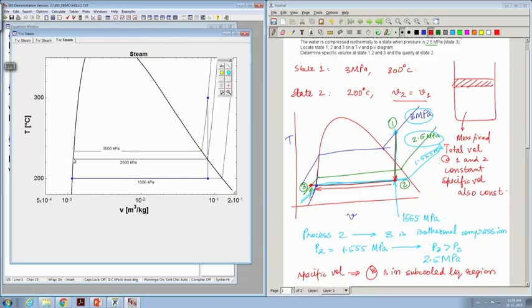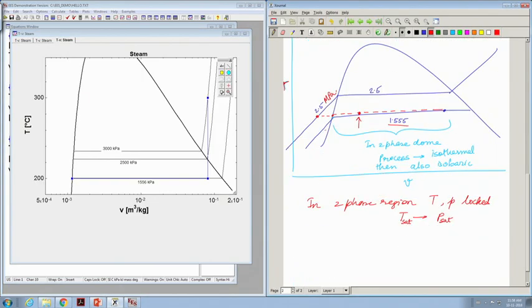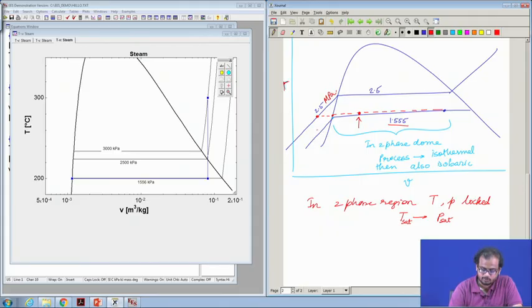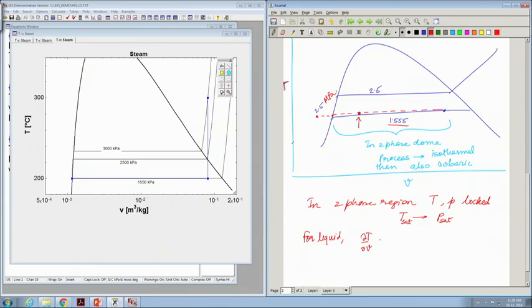Okay. The 2.5 megapascal line has a very sharp slope on the supercooled region. Whatever I have shown here, it is a schematic, but in reality it has a very sharp slope. The meaning of the sharp slope will be clearer in the later classes. It just means that for a liquid, del T del V is very large.